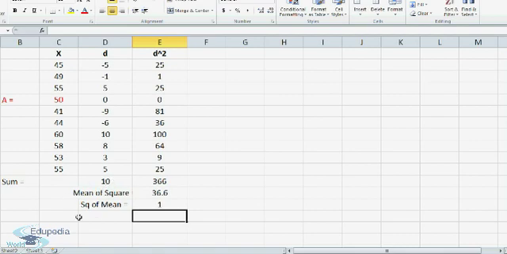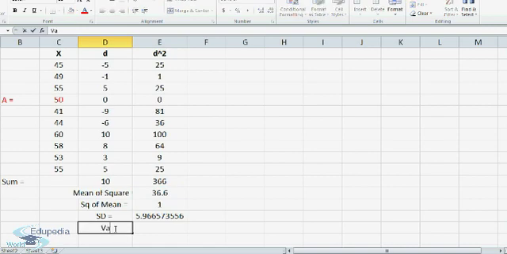It's 1. So now here I'm ready to find the standard deviation. The standard deviation will simply be the square root of the difference between the mean of square and the square of mean. So here it is 5.96.